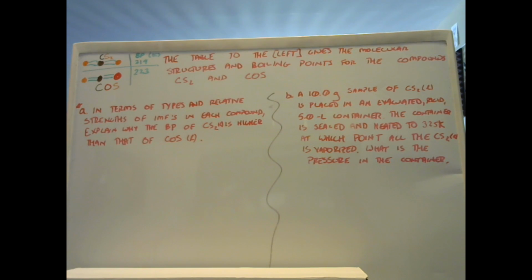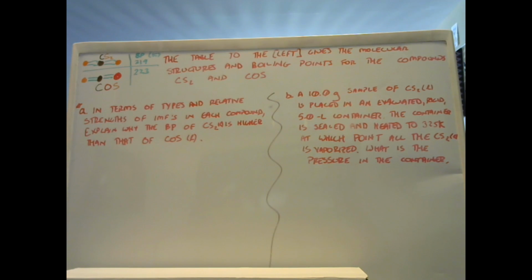In terms of the types and relative strengths of all the intermolecular forces in each compound, explain why the boiling point of CS2 liquid is higher than that of COS. I forgot the word all, but it is a very important word in this.